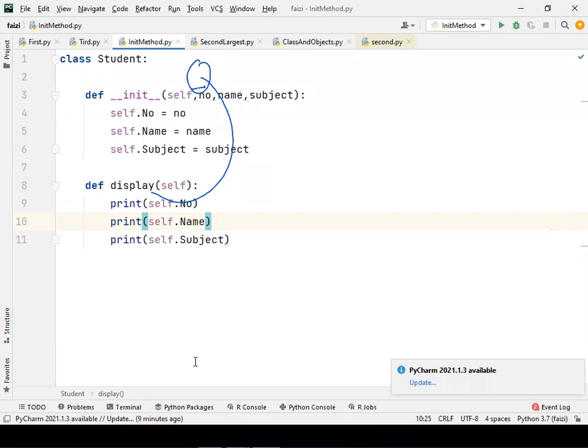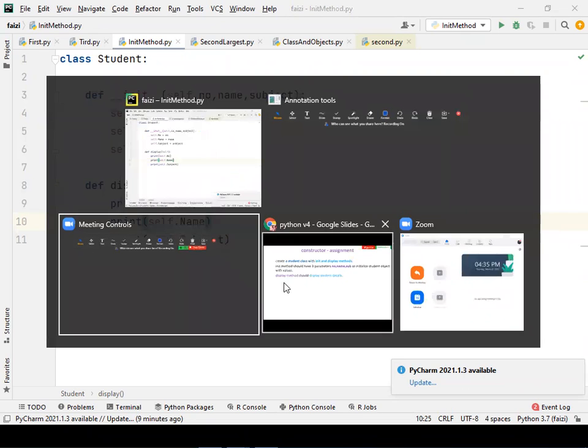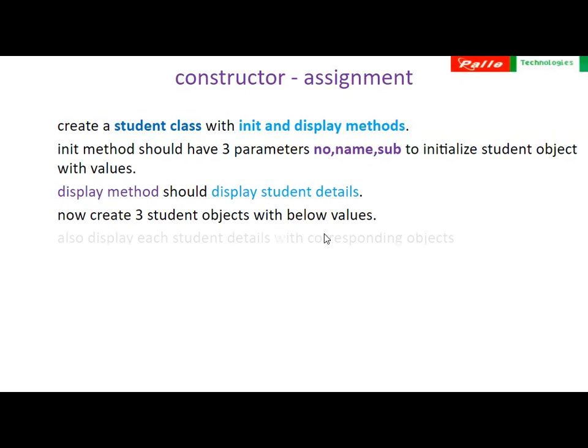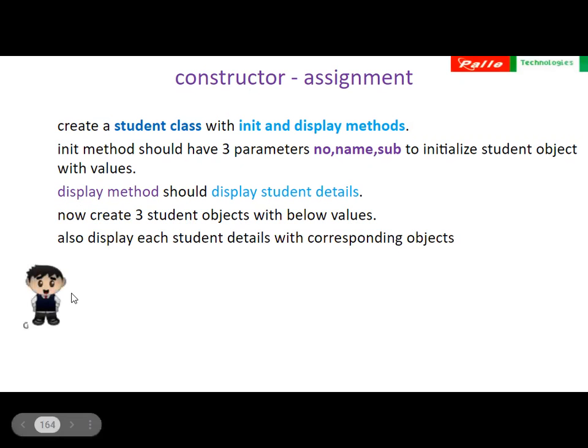So now this requirement is also clear, correct? What is required is the display method to print student details. So even this is completed, correct? Now after this, I have to create 3 student objects with the below values. Student one is 1, Ramesh and Python.